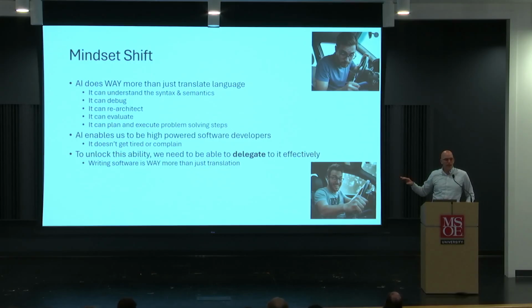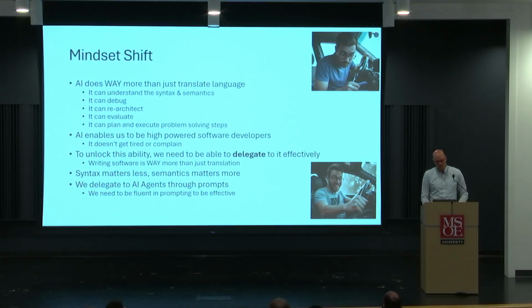And it's worth saying that writing software is a much harder and more complex problem than just doing a simple translation, right? We're not just trying to say, what did this person say, and give us a simple translation. It's way more complex and nuanced. The syntax matters less and less, and the semantics matter more and more. So we're going to be delegating to these AI agents through prompts.